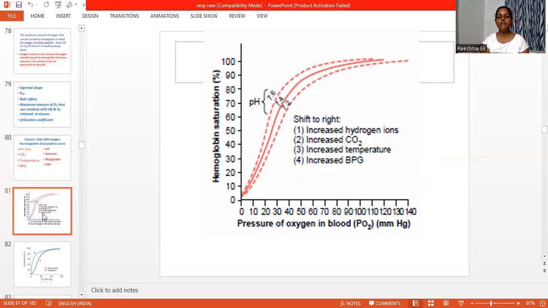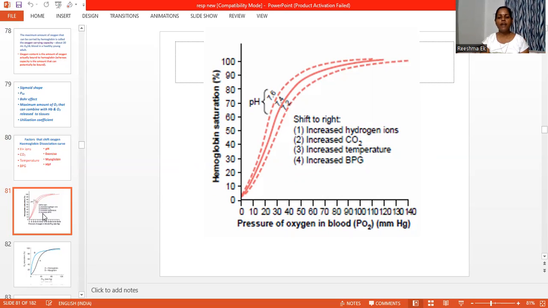In this slide you can see the factors which shift the curve to the right: increased H plus ions, increased carbon dioxide, a condition known as hypercapnia, increased temperature and increased BPG. And the factors which shift the curve to the left are the opposite: decreased H plus ion concentration, decreased carbon dioxide, decreased temperature, and decreased BPG.